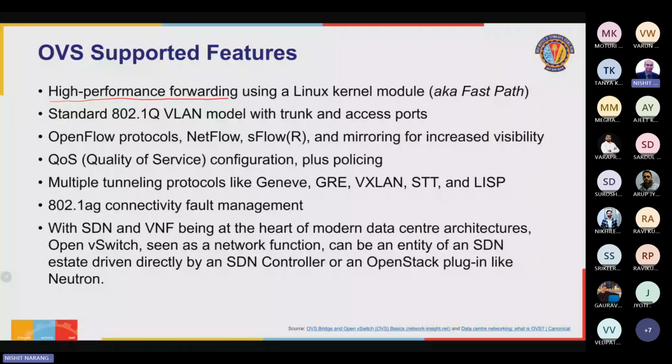But the architecture of the OVS is built in such a fashion to mimic a physical switch. So when we looked at network appliances, we said every network appliance has a data plane, which is also called the fast path, which has to operate at much higher performance. But it also has a control plane, which is called the slow path, which doesn't have the same requirement when it comes to performance needs.